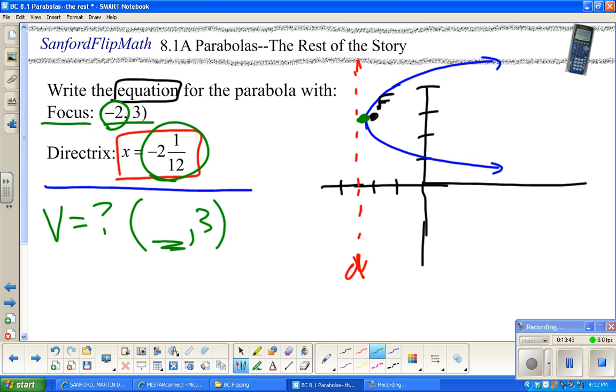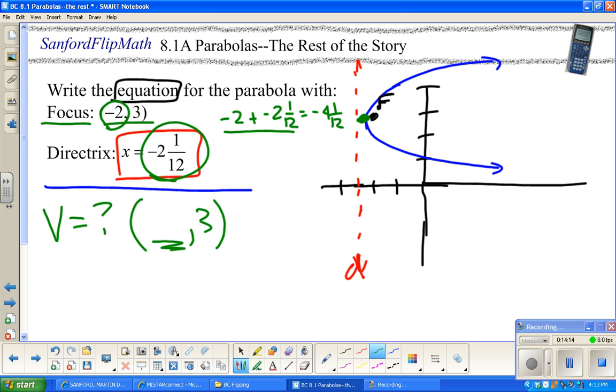This is not cute. This is a pain. All right, so this is not fun. I have to find the value that's halfway between -2 and -2 and 1/12. There are a couple of ways to do that. One way is to do a little average. So -2 plus -2 and 1/12 is -4 and 1/12.